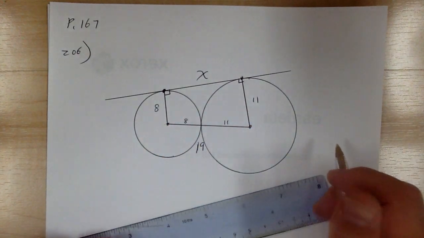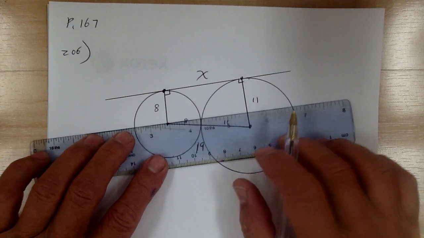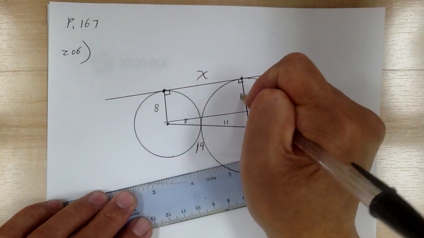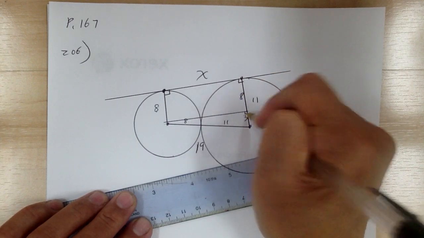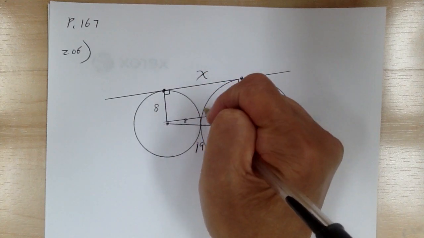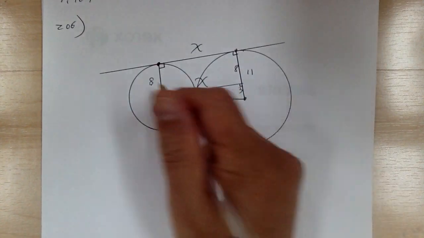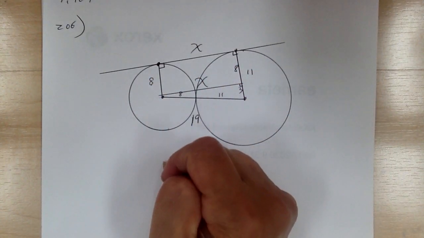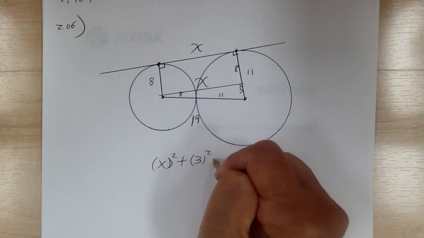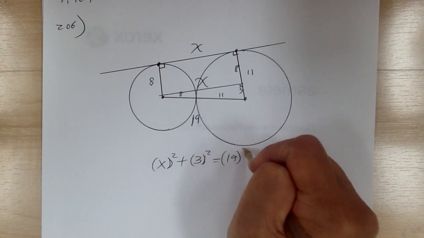Then for this type of problem you always draw a rectangle. So if this is 8, this would be an 8, and this would be a 3. Now you can use the Pythagorean theorem. This is x, so by using this triangle you get x squared plus 3 squared equals 19 squared.